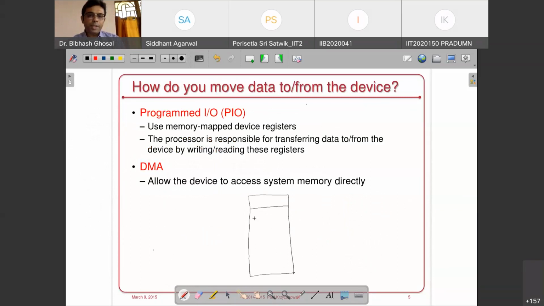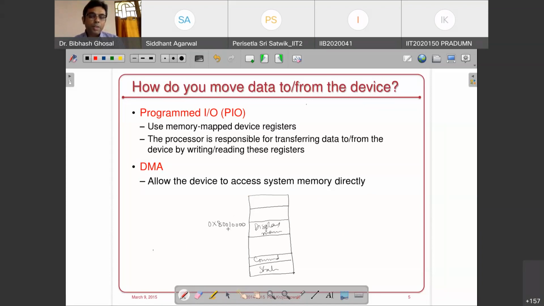So the memory is divided into different portions, and these portions have been kept for separate devices. Suppose this is a display memory, and it starts from 0x80010000, something like this. Then you have something as command, status.